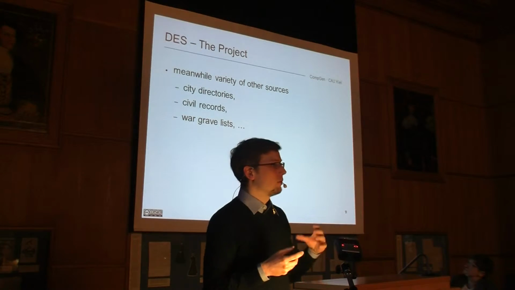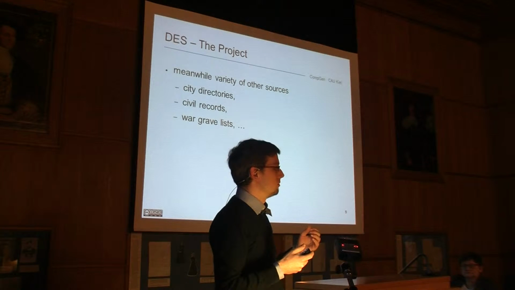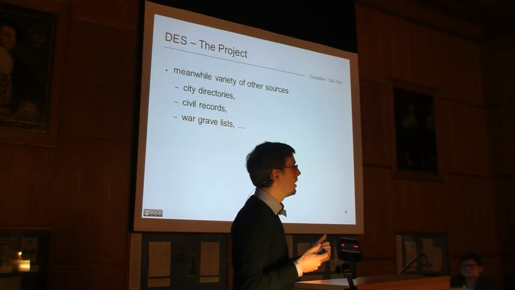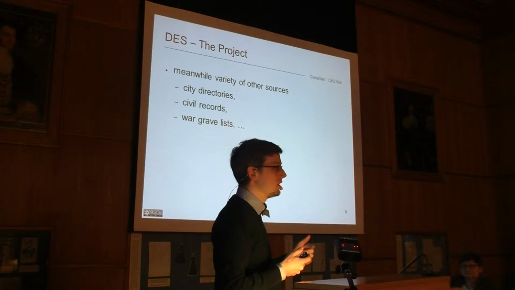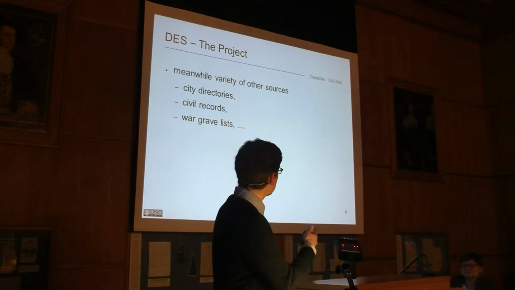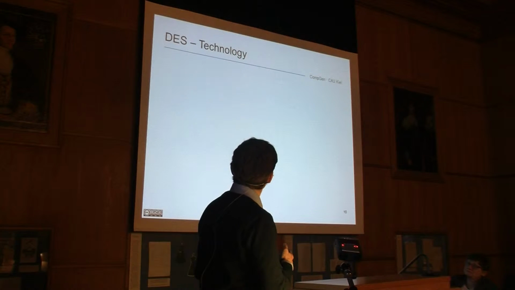Meanwhile, we work on a variety of other sources, such as city directories, civil records, war grave lists, other military sources, and we have cooperations with a number of archives. The most famous ones are the State Archive of Baden-Württemberg and the City Archive of Cologne, and we had some larger projects or even ongoing projects for those archives.